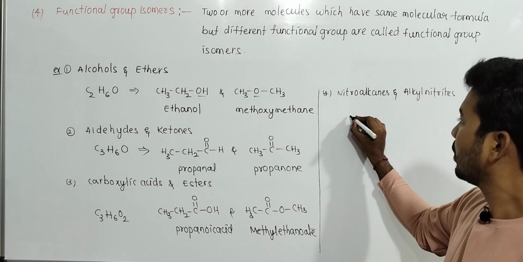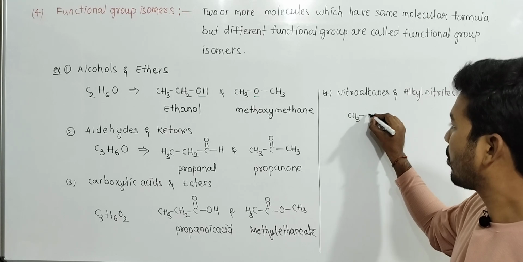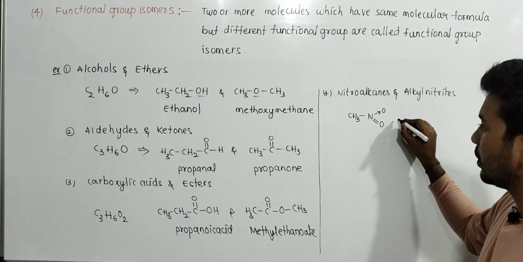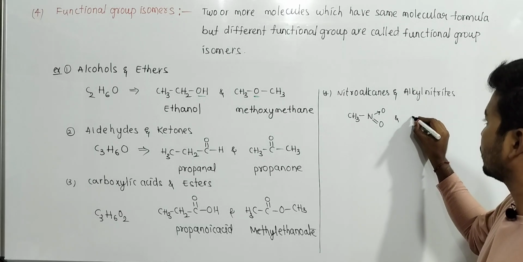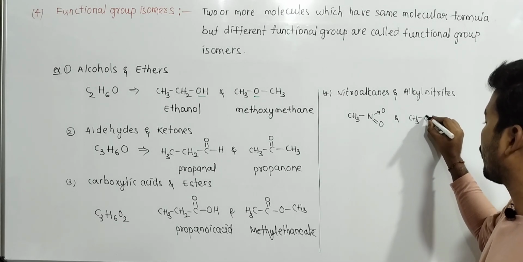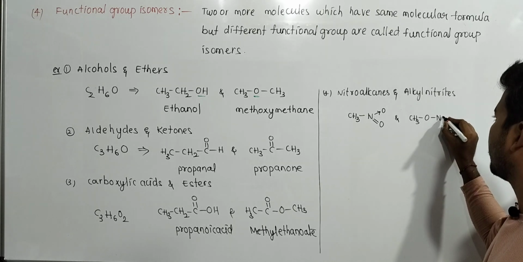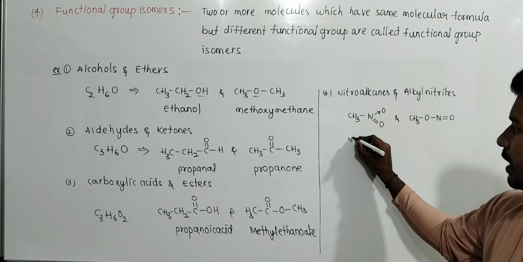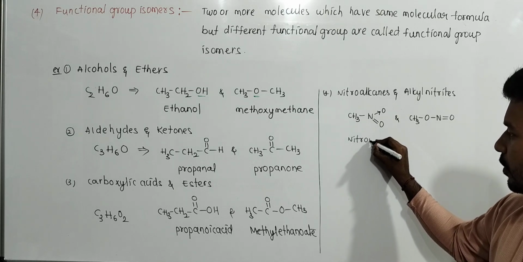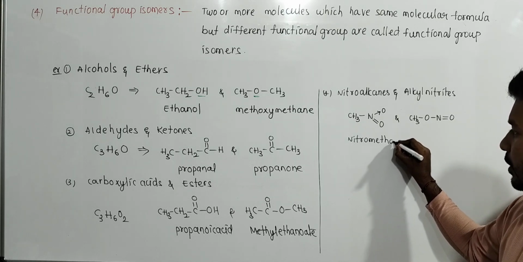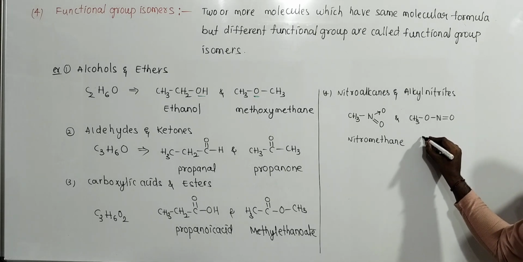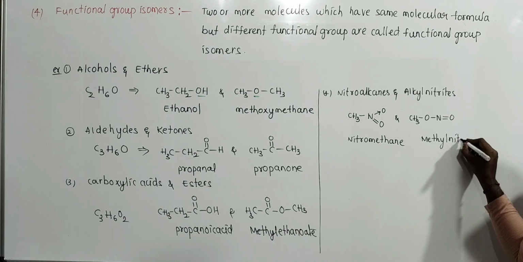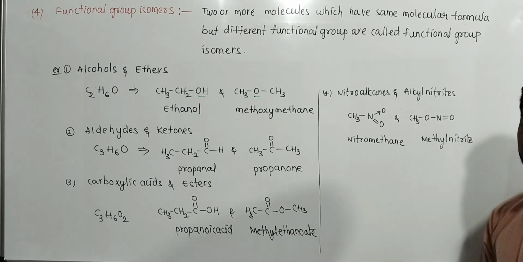For example, CH3NO2, nitromethane, and CH3O N double bond O. This is what? Nitromethane. And this is what? Methyl nitrite. Both are functional group isomers.